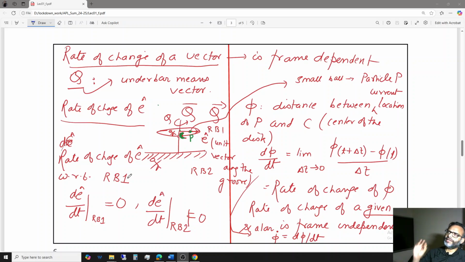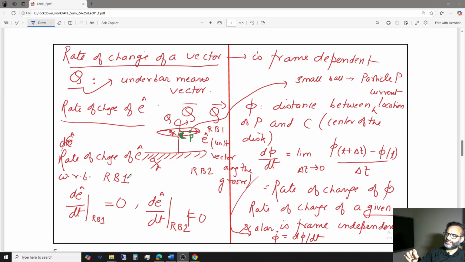Now E is a vector, so a vector can be perceived to be changing because of two reasons. Either its magnitude is changing, then we will say that the vector has changed, or its direction changes, and again I will say that the vector is changing because of that. In general, both magnitude and direction can change, and still we will say that the vector has changed.